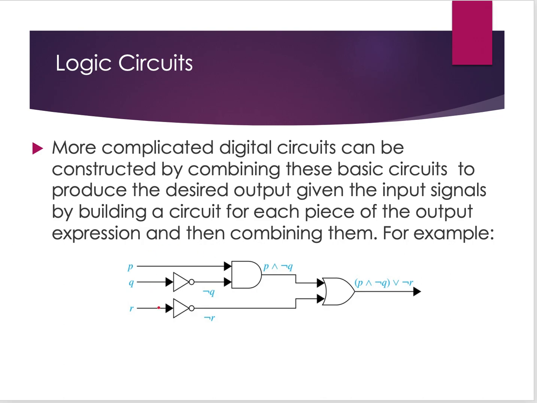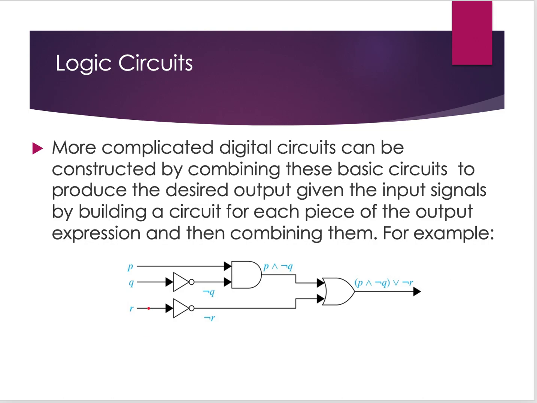So this is the complicated circuit, as I said just now. You can see this is considered a complicated digital circuit because it combines the three basic circuits and produces one desired output signal.